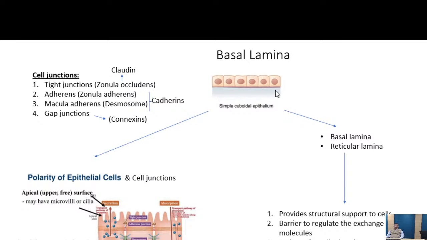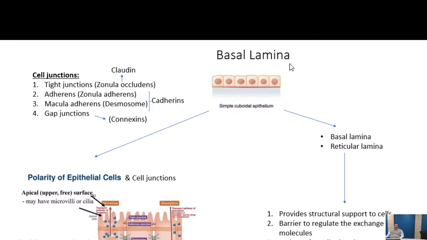Now, when you look at the basal lamina, you can see that it has two layers: a superficial layer, the basal lamina itself, and a deeper layer, the reticular lamina.